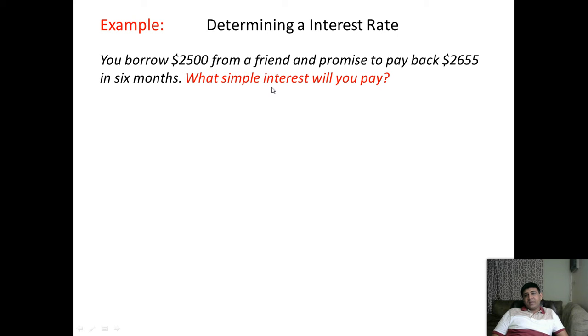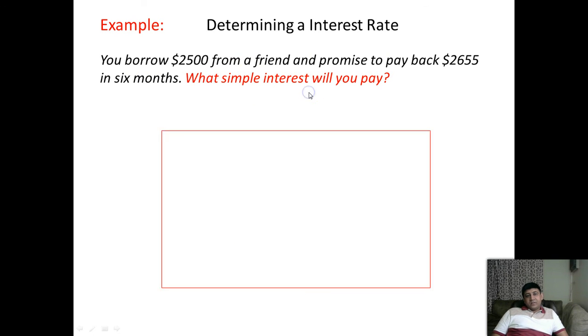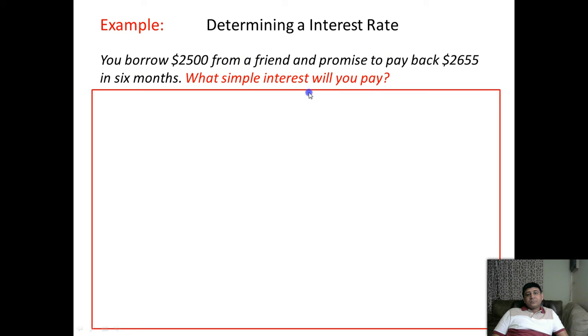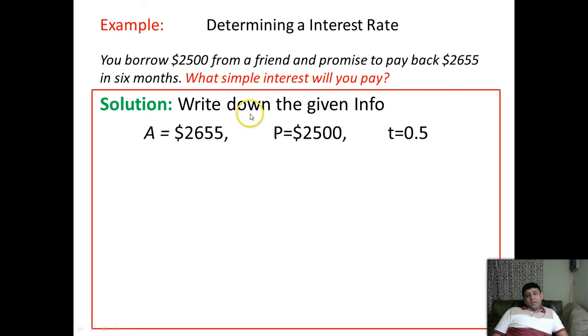What is the R basically? If you write down all the information here, this is the accumulated value, which is 2655. P, what you started with, is 2500. Time is 6 months, so it is 1/2 of a year. We have to find R.